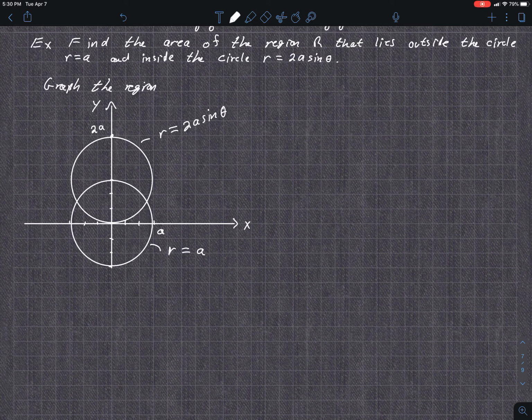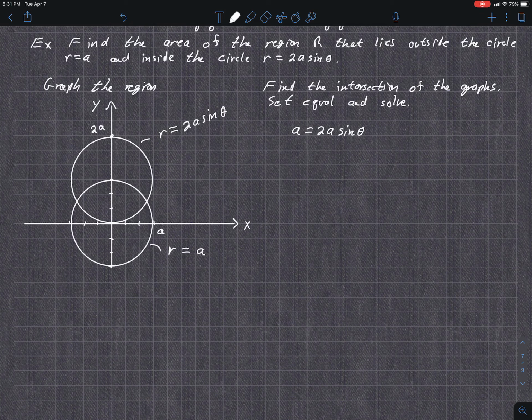So what we need to do is find the intersection of the graphs. That's one of the critical points to this one. Do you remember how to do all that? Set equal and solve.